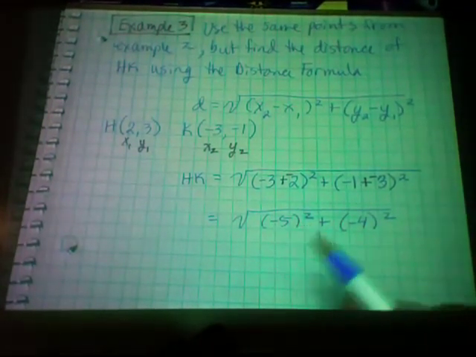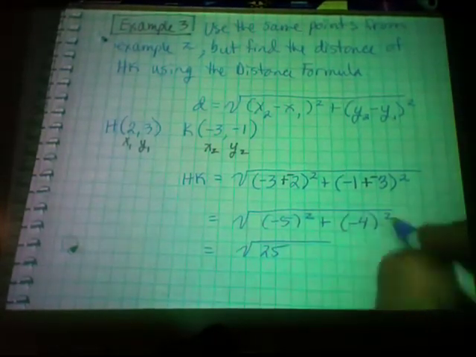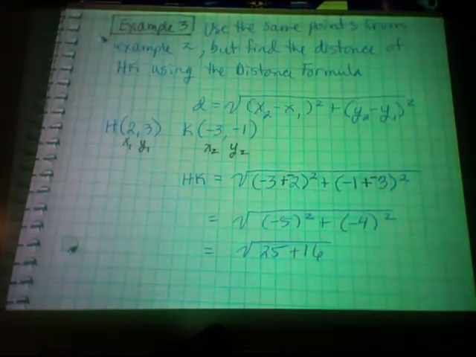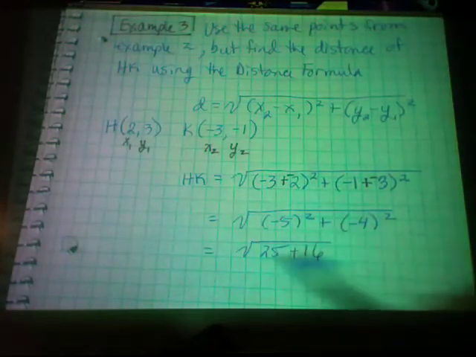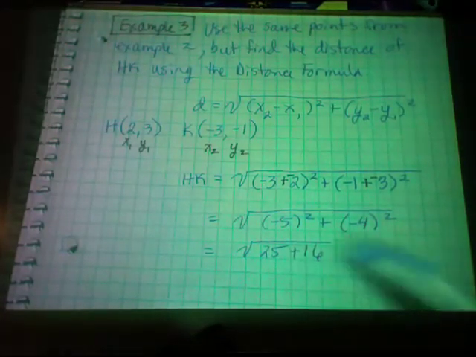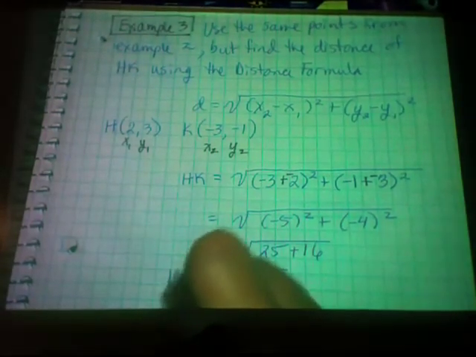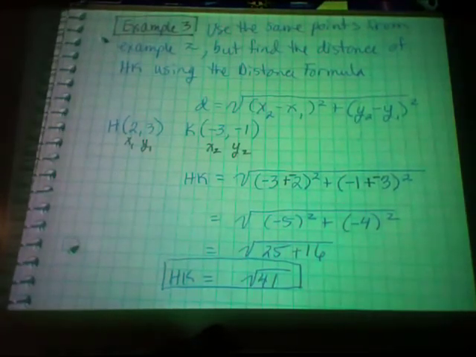What's -5 times -5? Positive 25. What's -4 times -4? Positive 16. Whenever you square these, both of these had better be positive numbers, because if we square a negative, it always becomes positive. What is 25 plus 16? Isn't that the answer we came up with before? Two different ways, same answer.